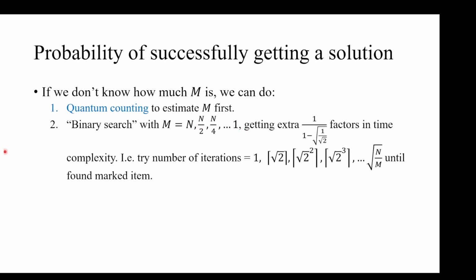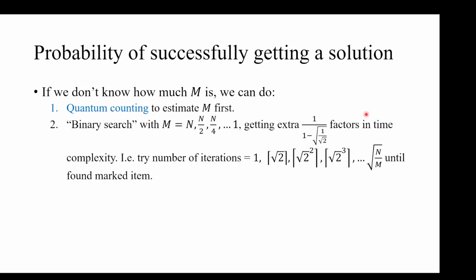And so if you keep doing this, you think you are going to do a lot of different m. The sequence you get here, there are log n of them, but actually you don't get the extra log n factor. Okay, so you need to do Grover search a lot of times, but actually you only get about a 1 over 1 minus 1 over square root 2 factor.